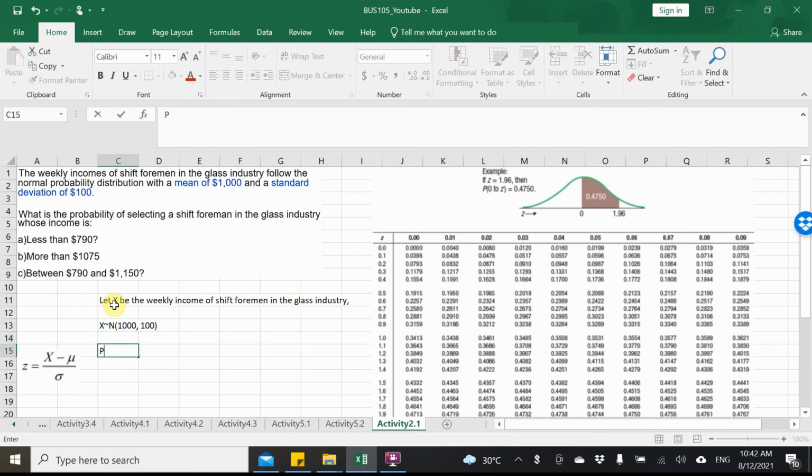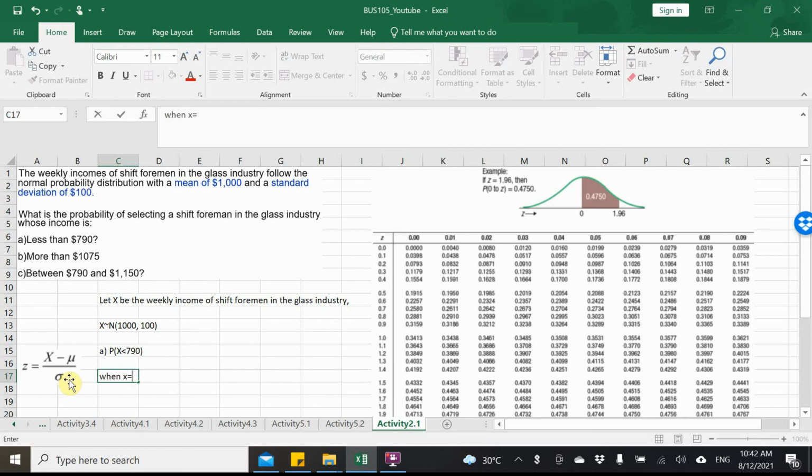Now the question is to calculate the probability of X less than 790. So we can use the formula here to do the standardization to get the z-score of 790.